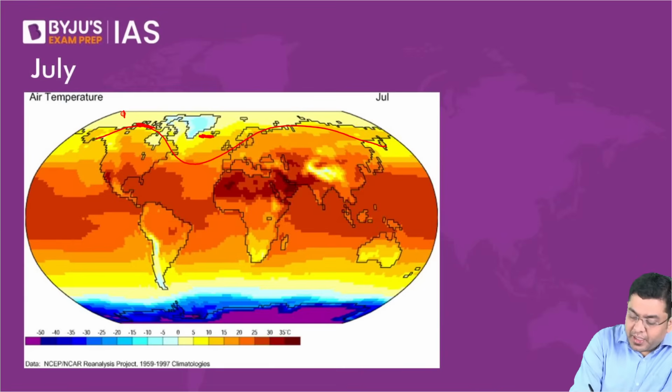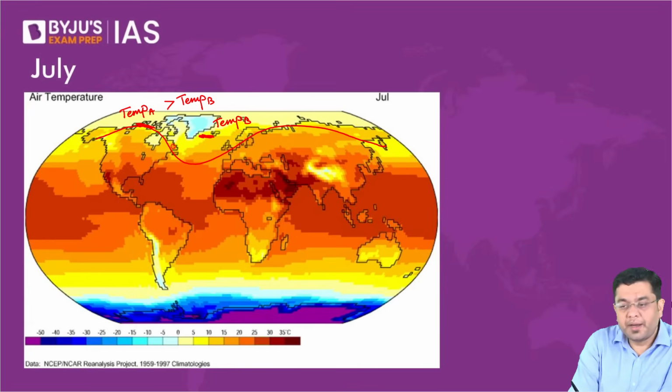If I consider this as the temperature at A, and this as the temperature at B, then the temperature at A will always be higher than the temperature at B, right?